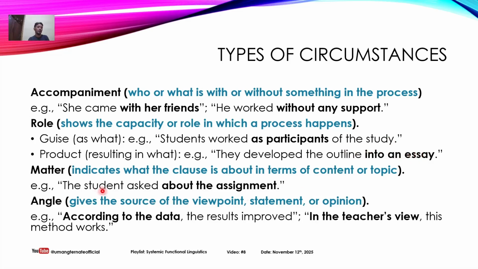Now, the circumstance of matter indicates what the class is about in terms of content or topic. Like the students ask about the assignment. So about the assignment is the content or the topic of the process asked. And then angle. Angle gives the source of the viewpoint, statement, or opinion. Like according to the data, the results improved.